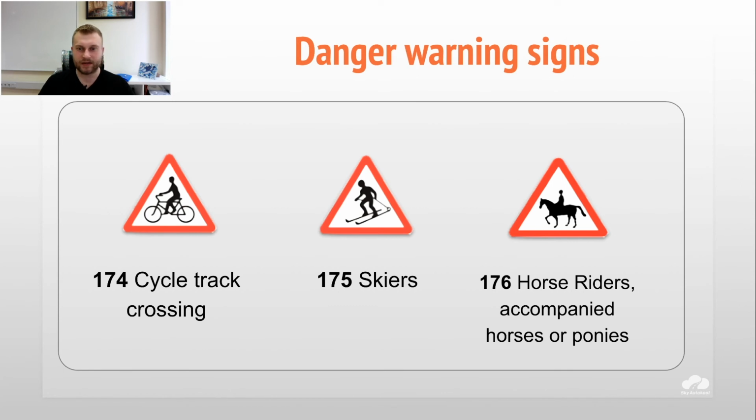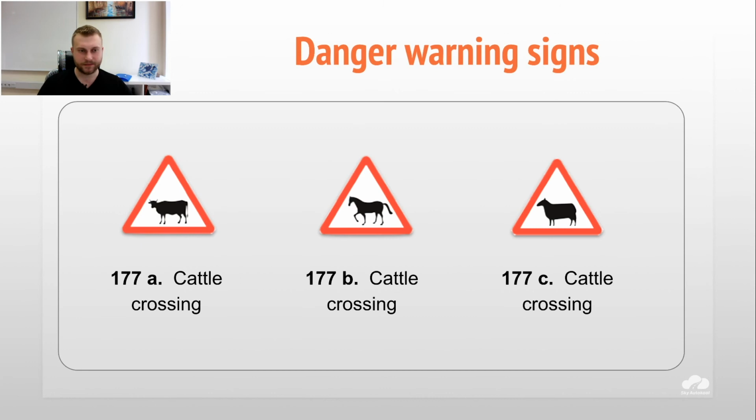And here you can see very different signs of any kind of pedestrians and animals: cyclists, skiers, horse riders, cattle crossings like cows, horses. This one, I'm not sure what this one is. Yeah, I think it's sheep.